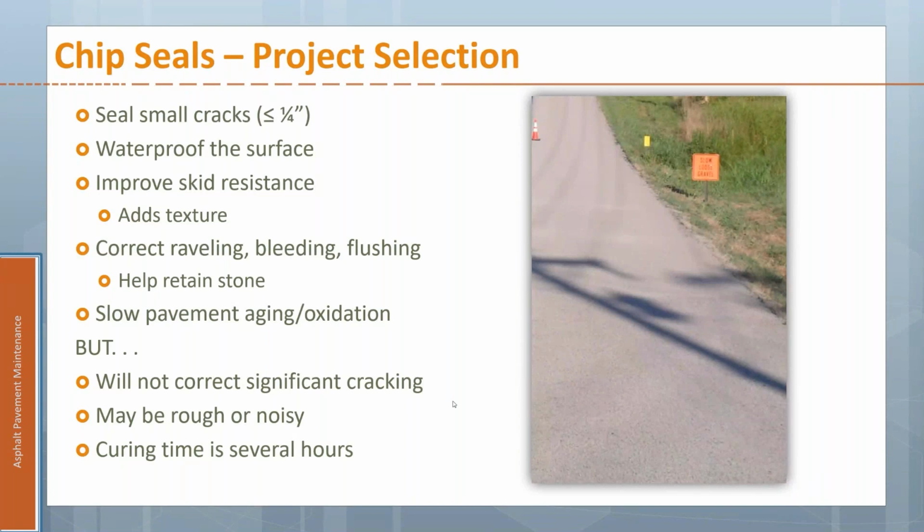So if you have a roadway that's got raveling, bleeding, flushing, anything with too much oil, then this is a great layer that you can put down to kind of separate that oil that can be slick from tires. It helps retain the stone because we've got that glue there putting it all together. And then of course it's also going to slow down any pavement aging or oxidation because we're completely covering that up.